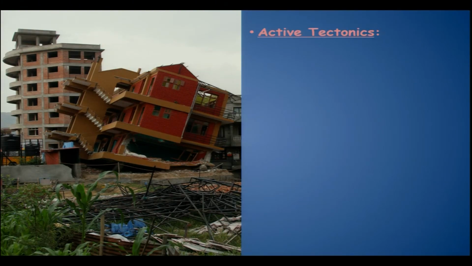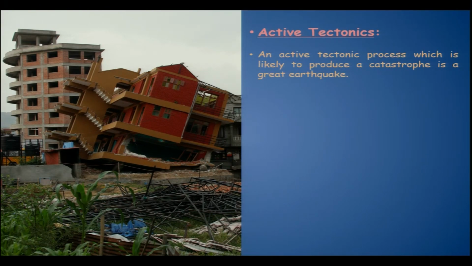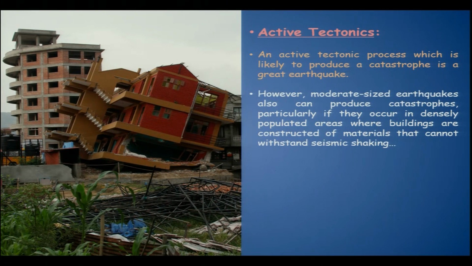Further, about active tectonics: an active tectonic process is likely to produce a catastrophe. Here we are talking about the major or great earthquakes. However, moderate size earthquakes can also produce catastrophe, and this is one of the cases which we experienced in the Palu earthquake recently in 2018.